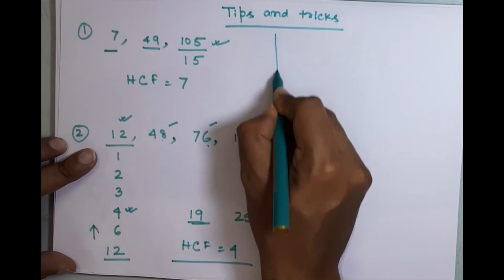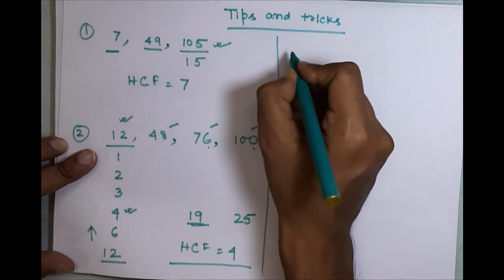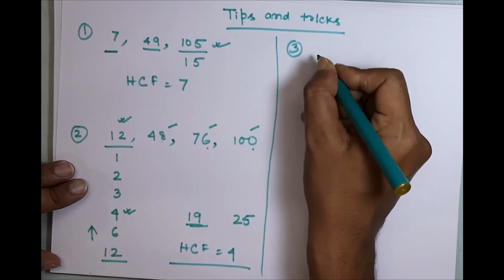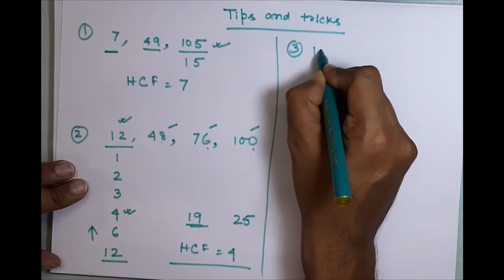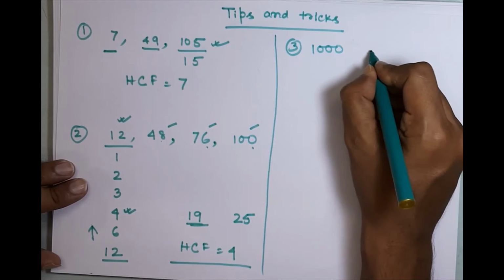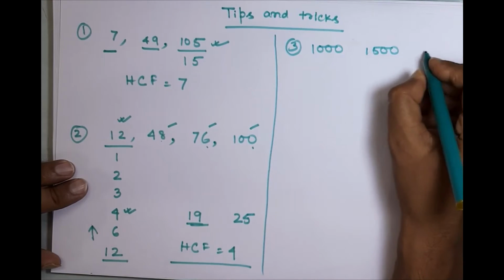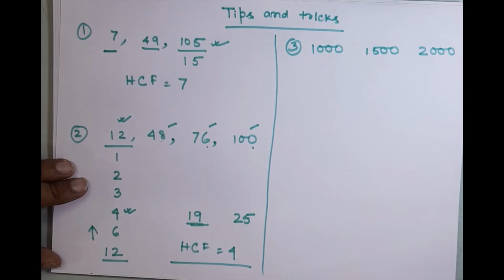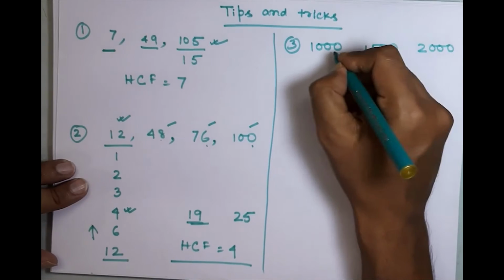Let us see our third example. Again, we'll pick some sample numbers for you. Let us take 1000, 1500 and 2000. When you have common trailing zeros, the first step is to strike out those zeros.